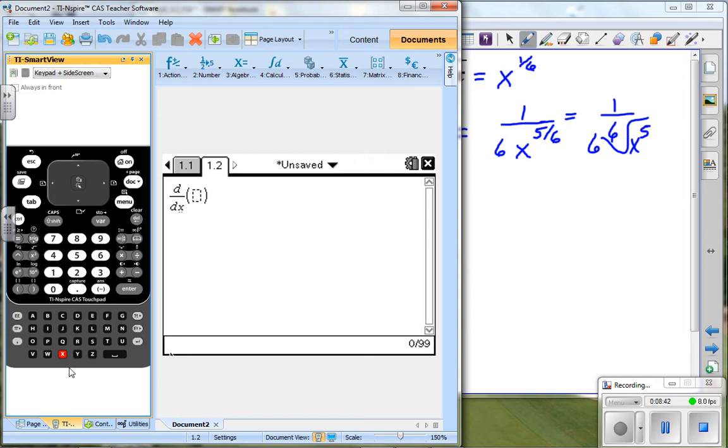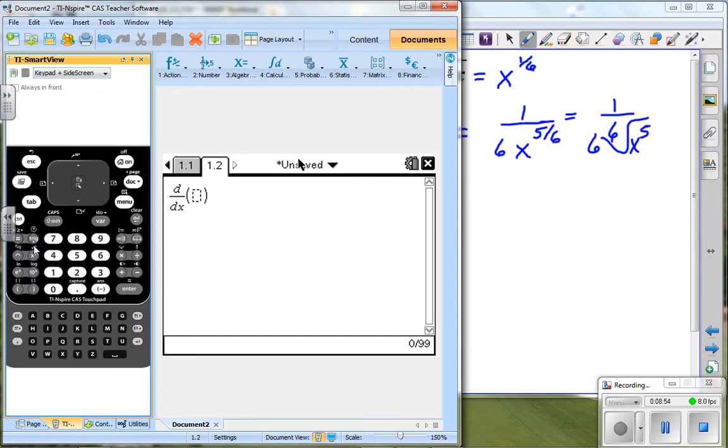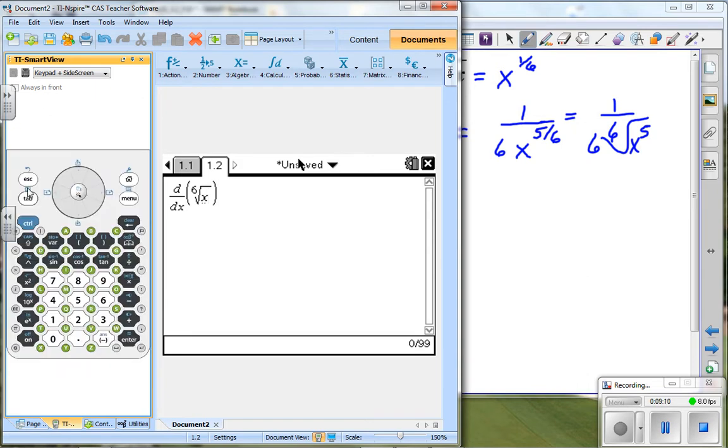We have to put in our input variable, tab, and then our function, which is the 6th root of x. If you go control on the exponent key, you can actually have that. You don't have to convert it to x to the 1/6 power. And when we press enter, we get the same answer that we had over here.